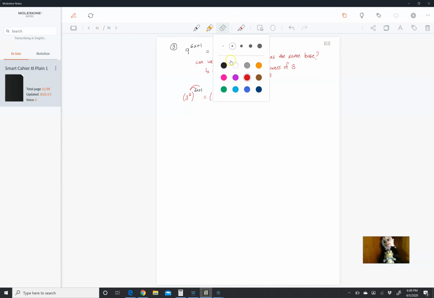So what we get is 3 to the 12x plus 2, and 3 to the 24x minus 6. Okay, you're multiplying the 2 times the 6x, that gives you the 12x, and 2 times 1 is 2. 3 times 8x is 24x, and 3 times negative 2 is negative 6. Okay?